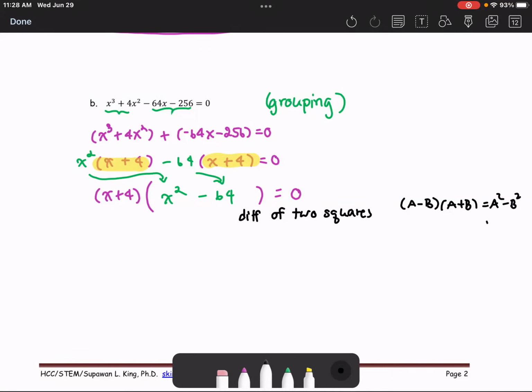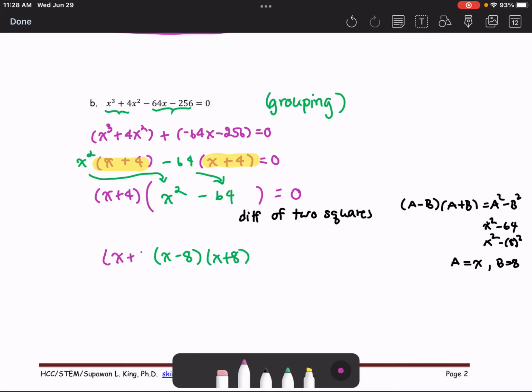This one, we can see as x squared minus 64 as x squared minus quantity 8 squared. Therefore, our a is x, our b is the value 8. Then we can factor this to be x minus 8 times x plus 8. And together with the common factor there, that's x plus 4 equals 0.